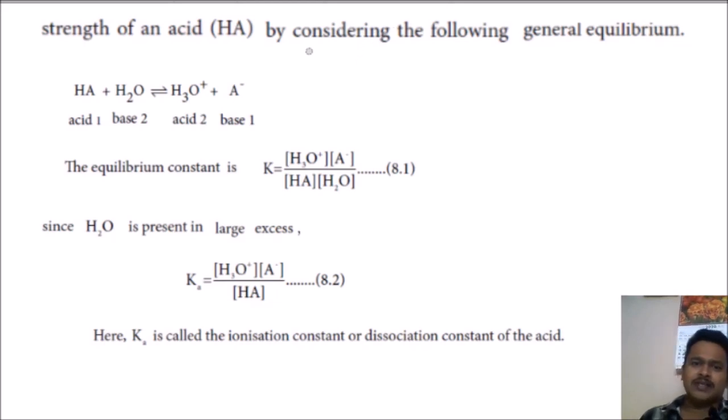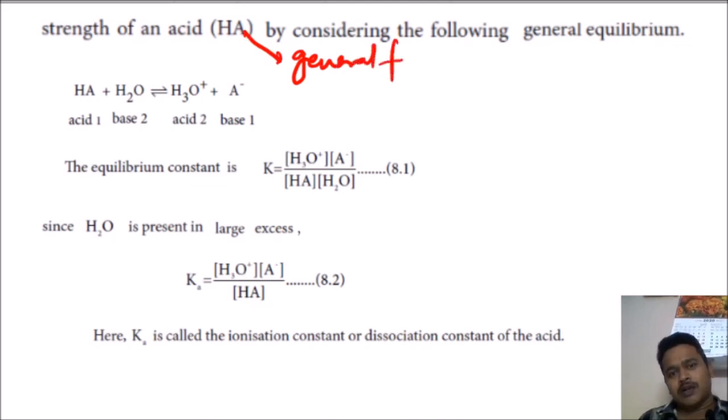Then there is an equation: strength of an acid or base, strength of HA. HA is a general formula for an acid throughout this chapter.